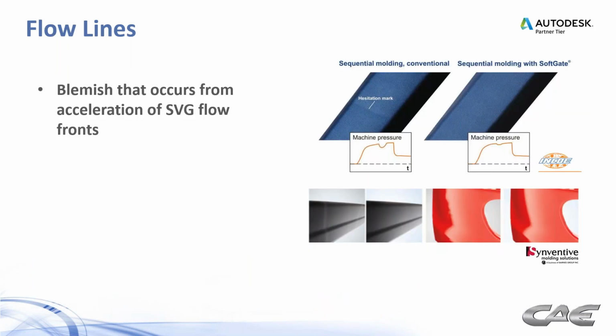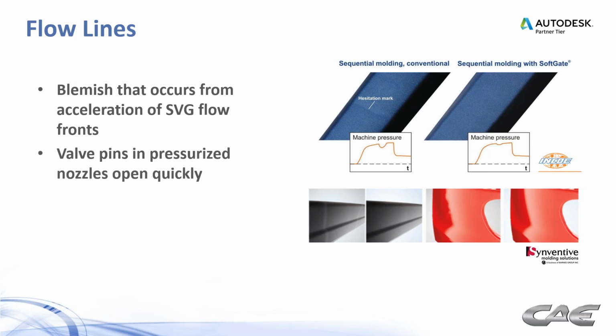So another type of knit line, if you want to call it that, and it's not really a knit line, it's called a flow line, but it looks an awful lot like a knit line. This is a blemish that occurs because of acceleration of the melt front when you're using valve gate sequencing, for example.